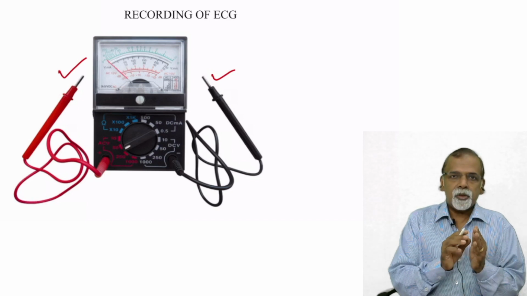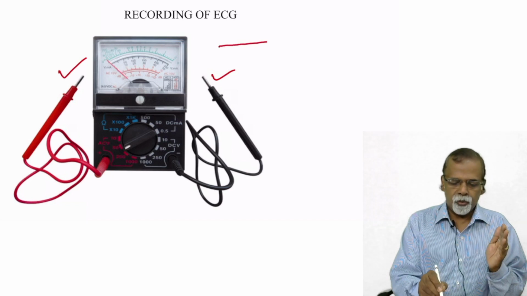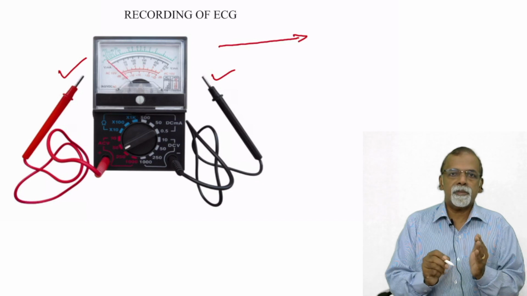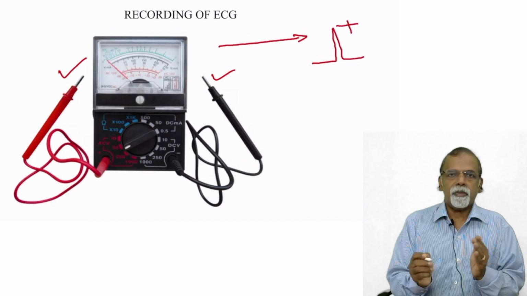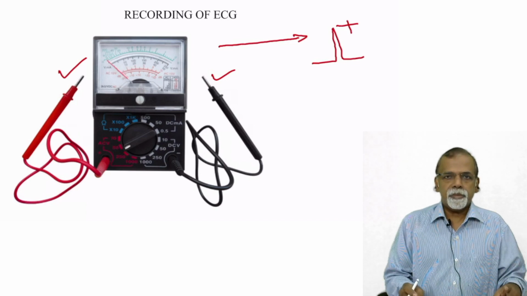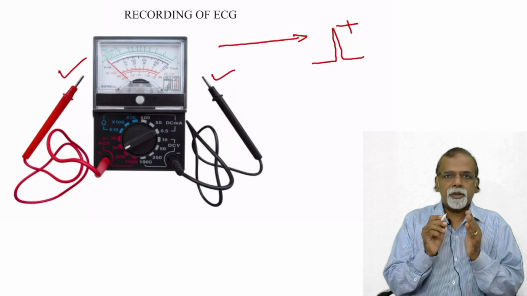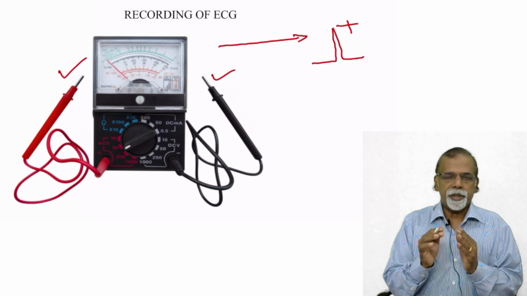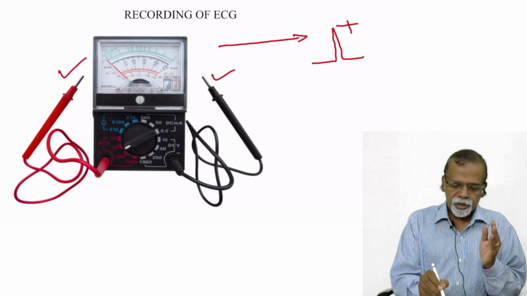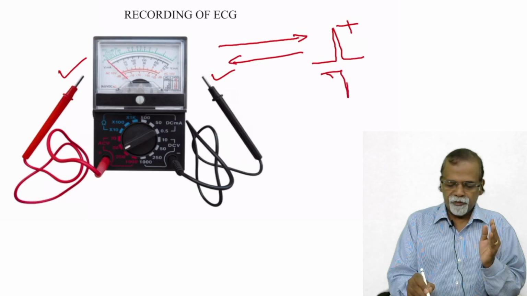When current goes towards the positive pole, it will produce a deflection which is positive. In electrocardiogram, upward deflection is called positive and downward deflection is called negative. When the current goes away from the positive pole, this will produce a negative deflection.